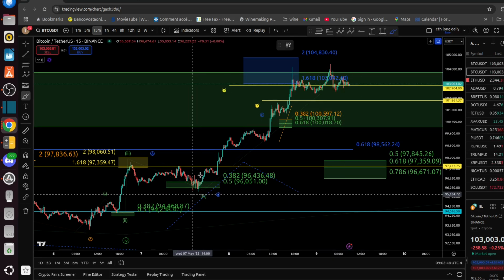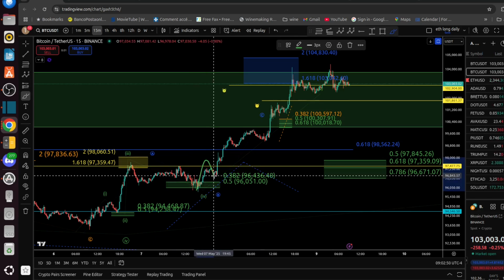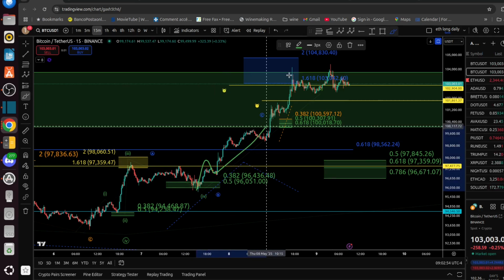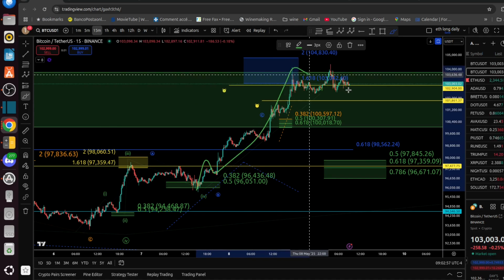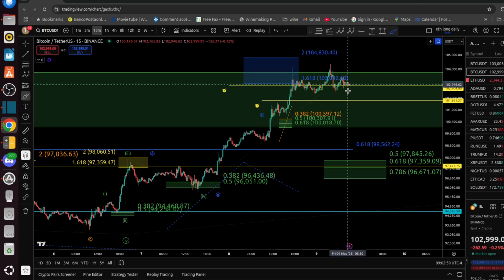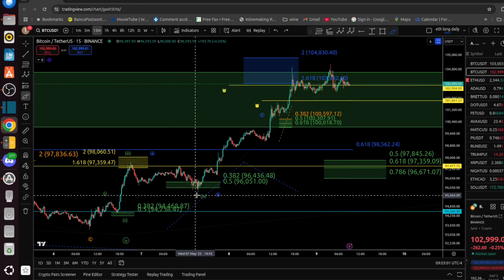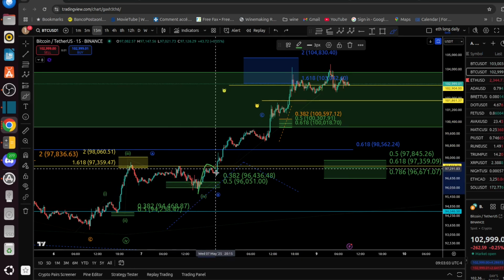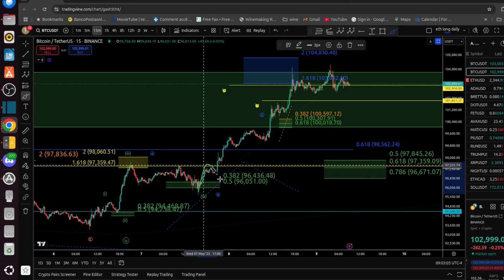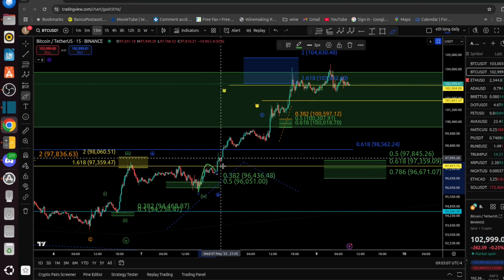To call this a 1, 2 and then say, this is 1, 2, and then all this is a third wave, and now this is a fourth wave. For me it doesn't work. Why is this a 1, 2? How? No, it doesn't work for me.